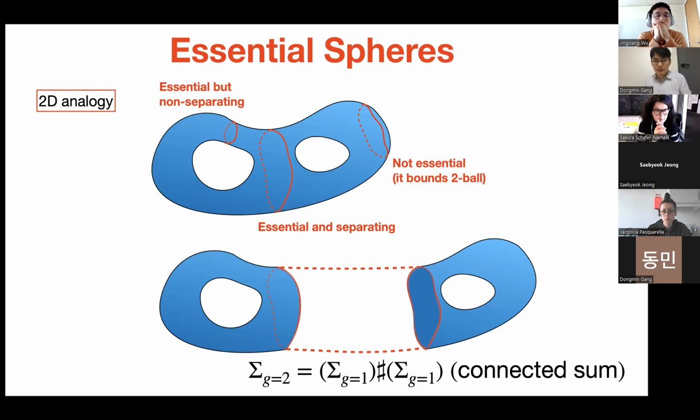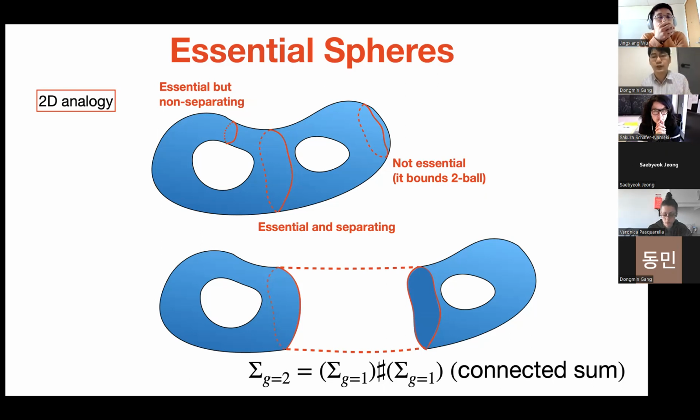So the mathematicians' classification is based on the existence of an essential sphere or an essential torus, but it turns out that for our purpose, the existence of separating essential surfaces is more important.